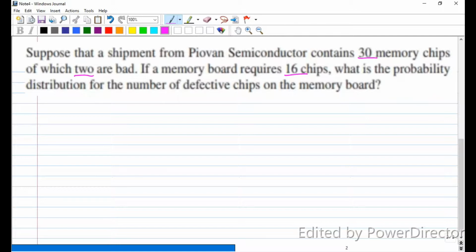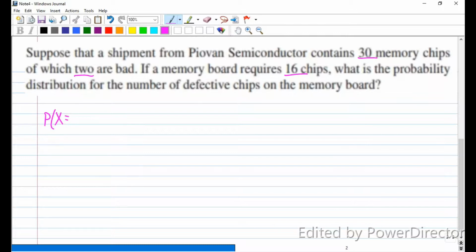All right, so first thing we need to do is define all of our variables. That way, when we start plugging them into our formulas, it'll be a lot easier to work out. All right, so capital X, we always want to do something like this, the probability that X equals, well, what are we looking for?